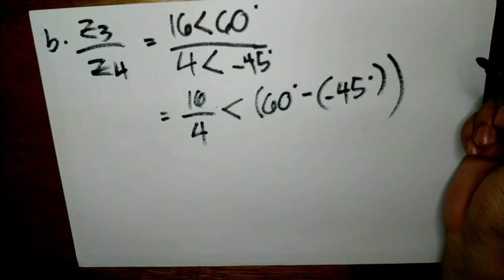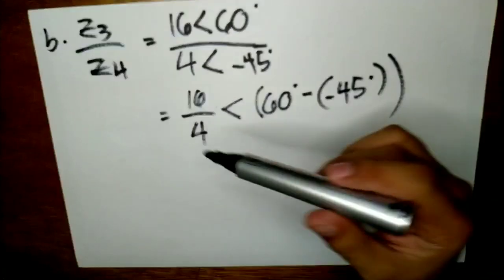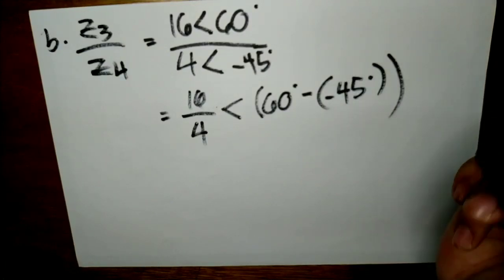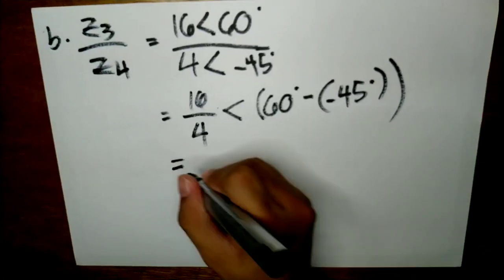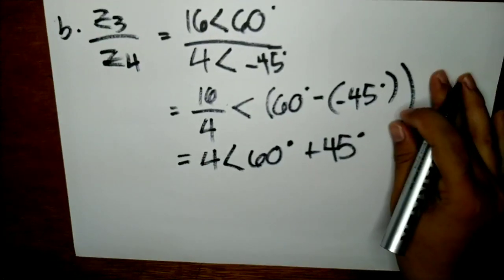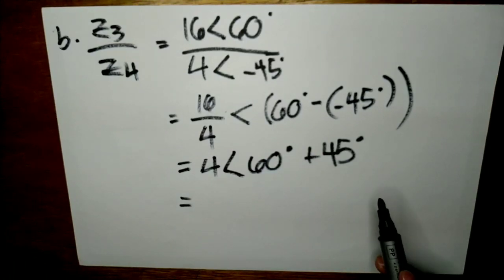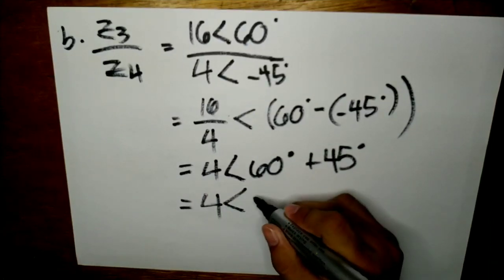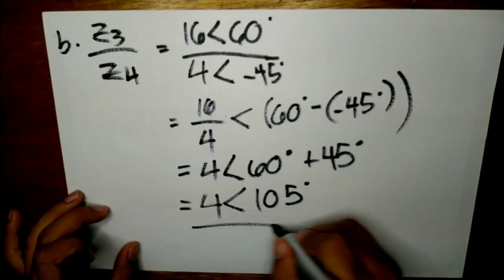Now after that guys, again we need to divide 16 by 4 and multiply negative 1 by 45 for us to get this result. Now, for us to get the final answer, we need to add 60 plus 45. So that's it. This is the final answer for letter B in number 2.